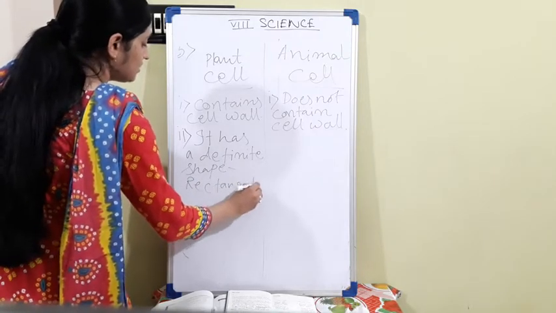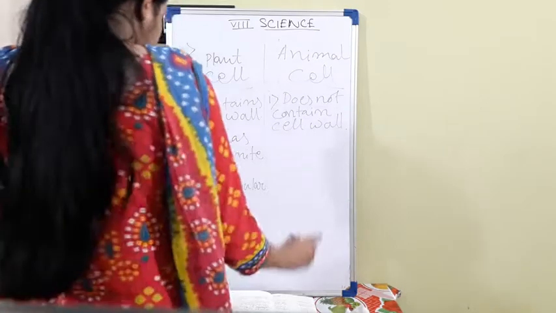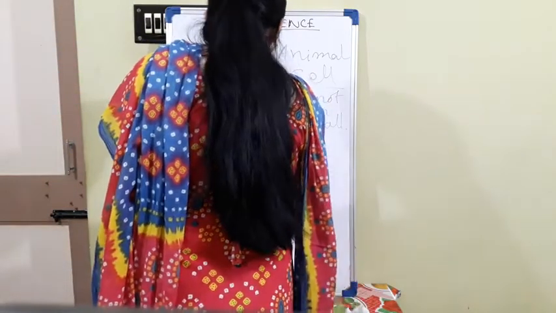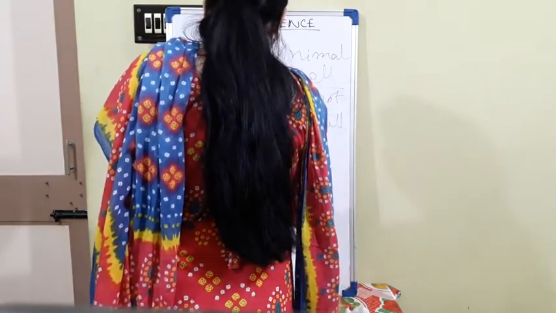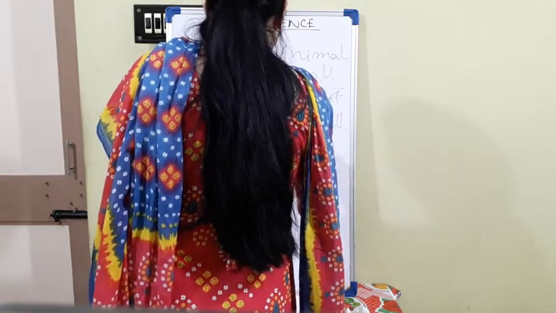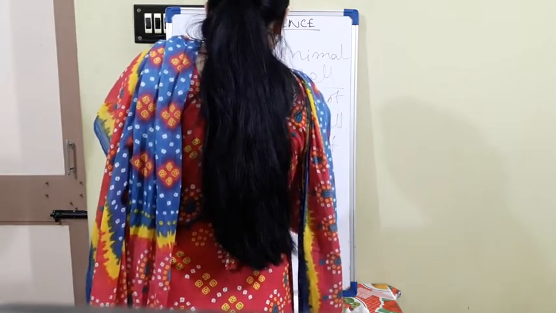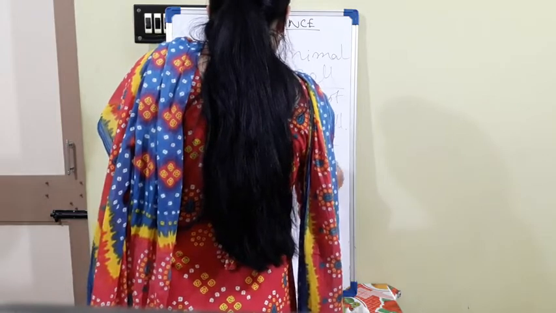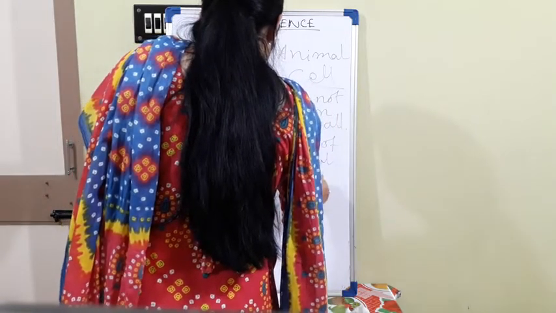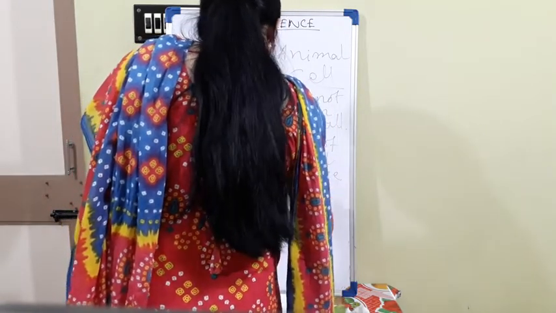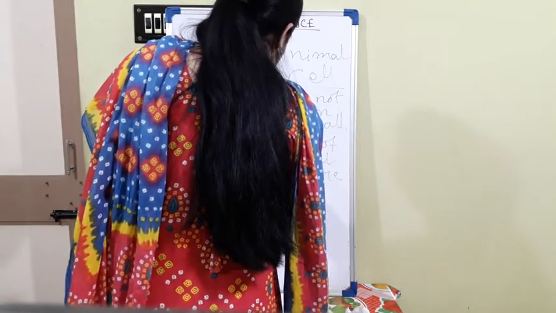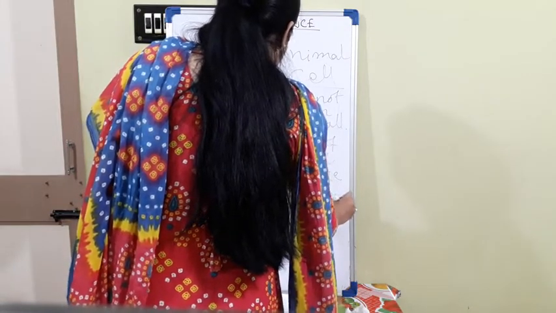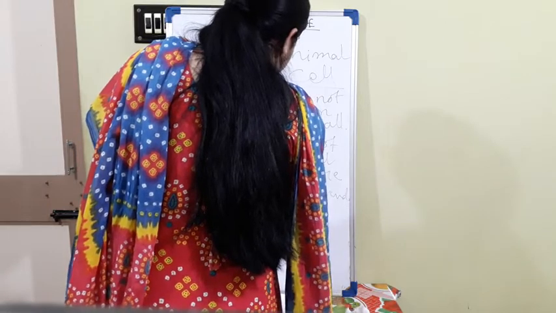But animal cells don't have any definite shape. The shape of animal cells is round and irregular. Amoeba, you have seen that they don't have any type of definite shape. They are irregular in shape, okay?